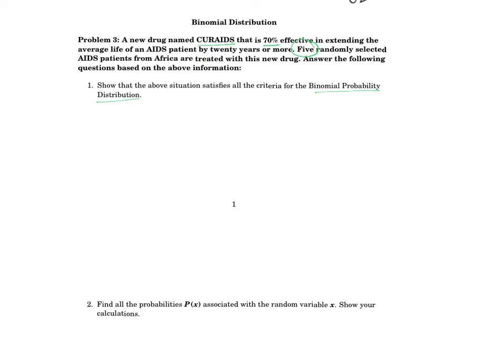So you probably do remember from the discussion, these are the conditions. Fixed number of trials. Okay, fixed number of trials means what? How many patients receiving this drug in this case? So n is equal to 5. Number 2 is 2 outcomes, either extends life by 20 years or not, or does not extend.